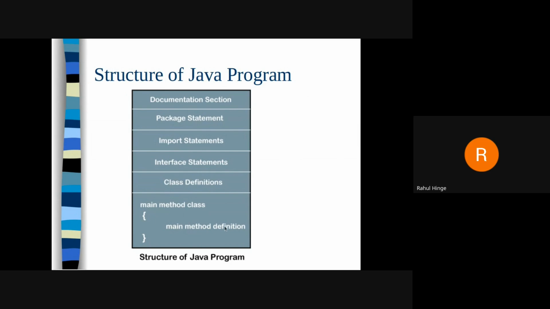Inside the main method we write the working style, or what the work of your Java program is. And for the class definition, let's say we need any other class that we have to define, and we have to execute that class inside the main method. We write the class name, then its object name equal to the new keyword, and we can create that object instance inside the main method. So this is all about the structure of a Java program.